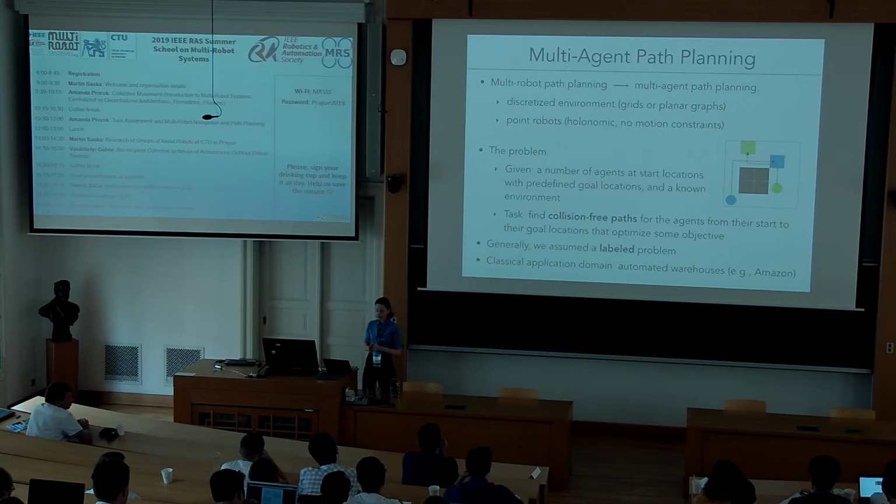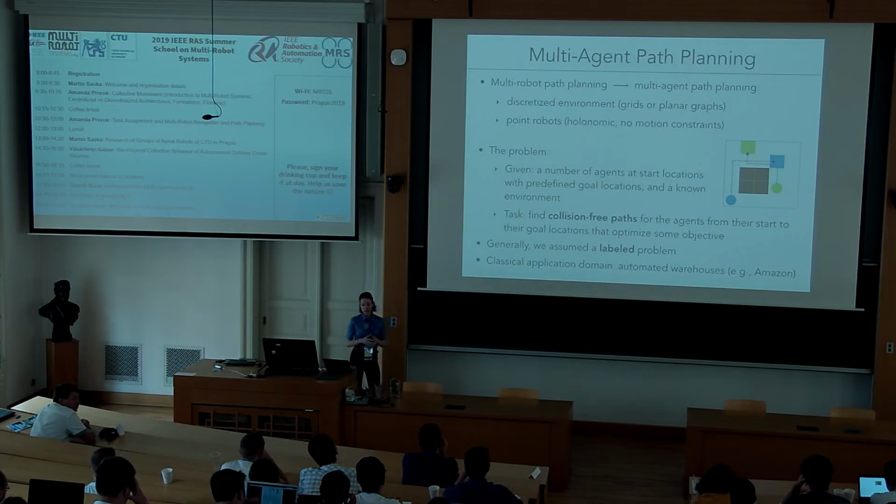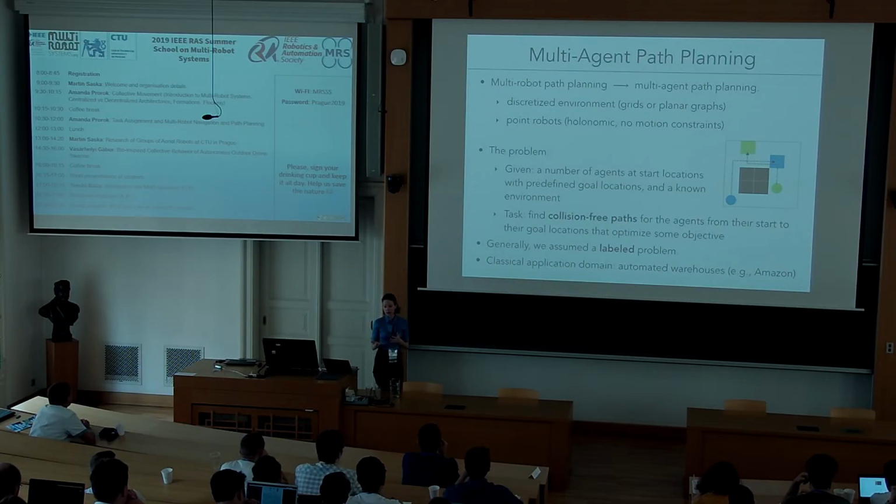And so the problem that the multi-agent path planning domain tries to solve is, given that we have a number of agents at a specific set of start locations, and these agents have predefined goal locations, so we're considering a labeled problem here, in a known environment where we know where the obstacles are.